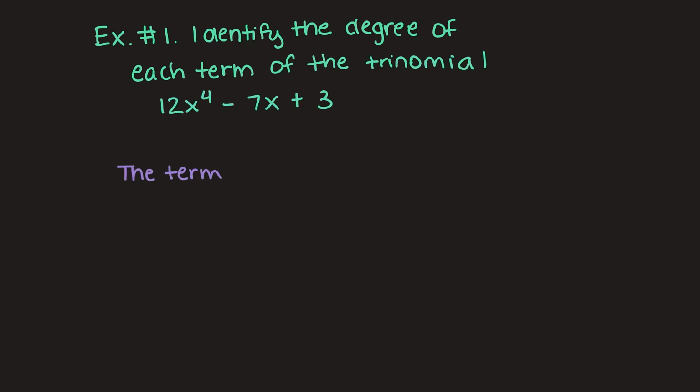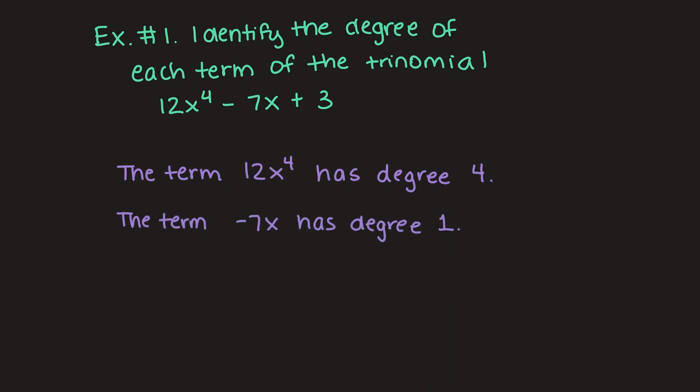The term 12x to the fourth has a degree of 4, since the degree is just the exponent on the variable. And the term negative 7x has a degree of 1, since x is also the same as x to the first power. And for the last term, since 3 is the same as 3 times x to the 0, this term will have a degree of 0.